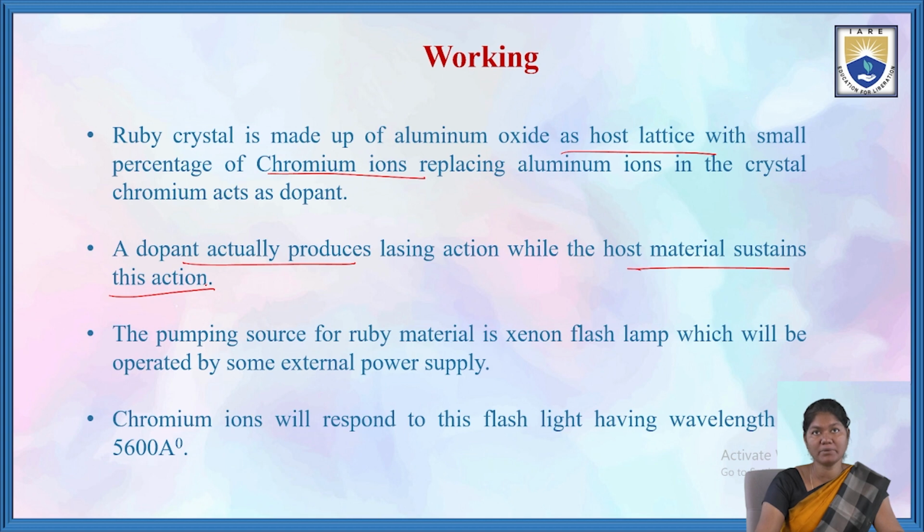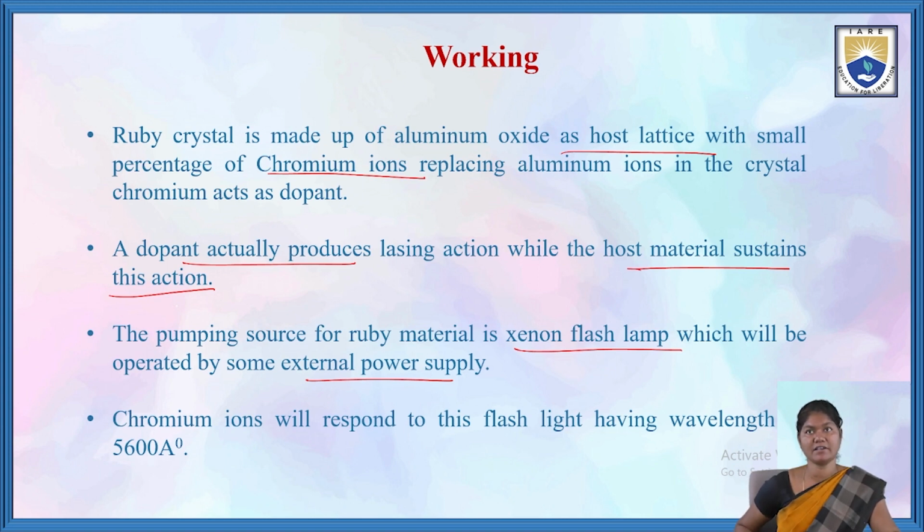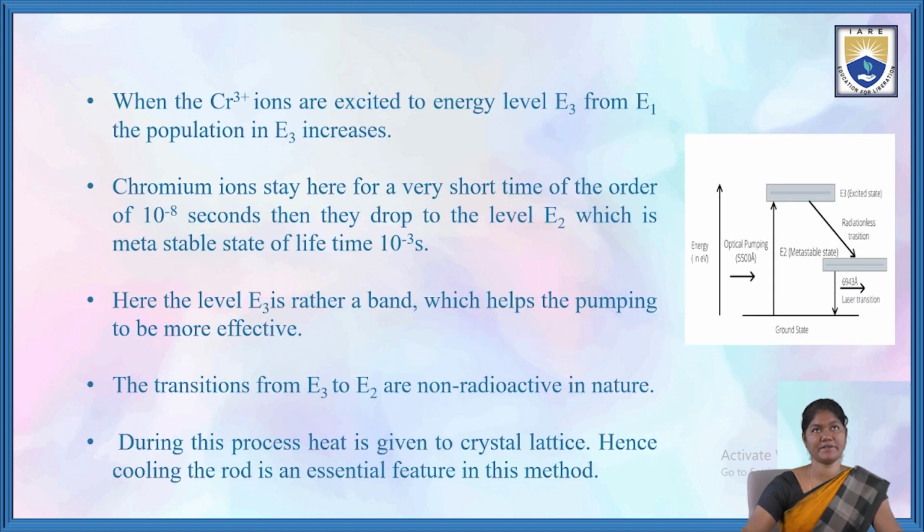The pumping source for ruby is a xenon flash lamp, operated by an external power supply. Chromium ions respond to this flash having a wavelength of 5600 angstroms.